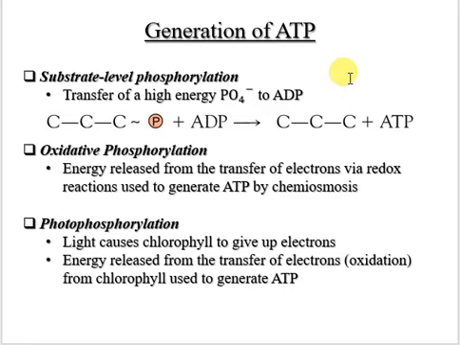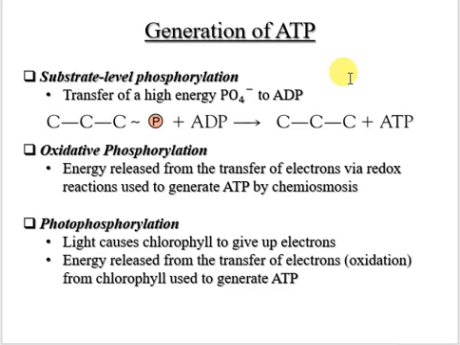Oxidative phosphorylation deals with the transfer of electrons between two compounds. So it deals with redox reactions. One compound is losing electrons, the other is gaining, or one is gaining, the other is losing. In other words, one is being oxidized, the other is being reduced.